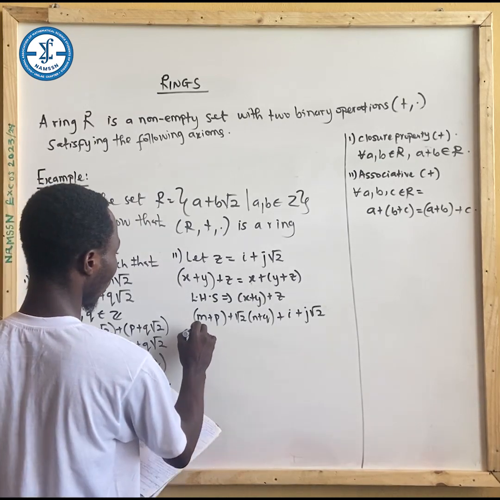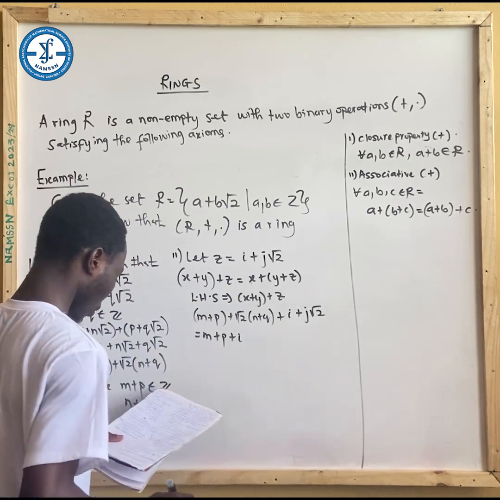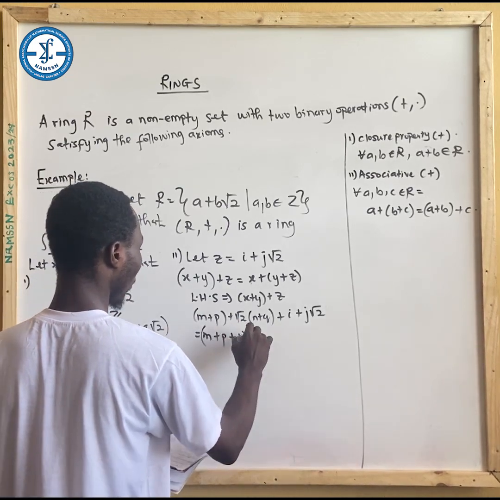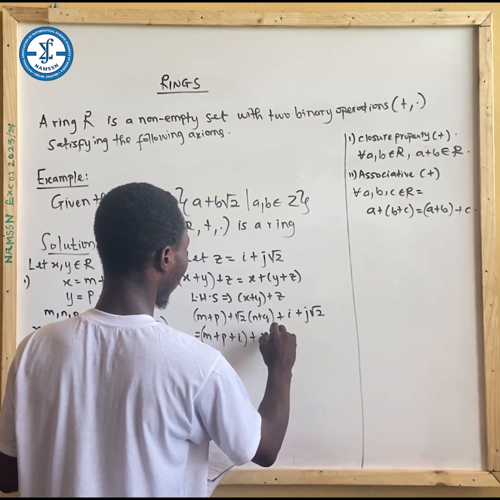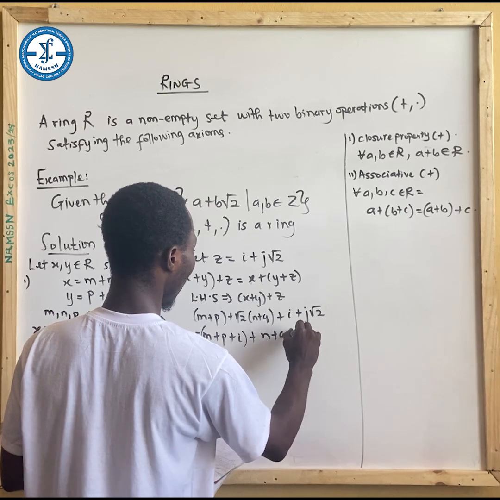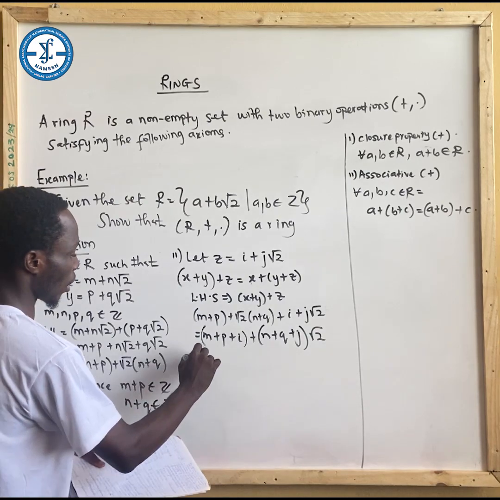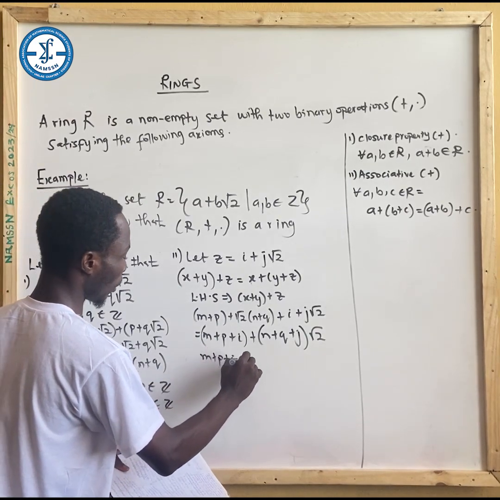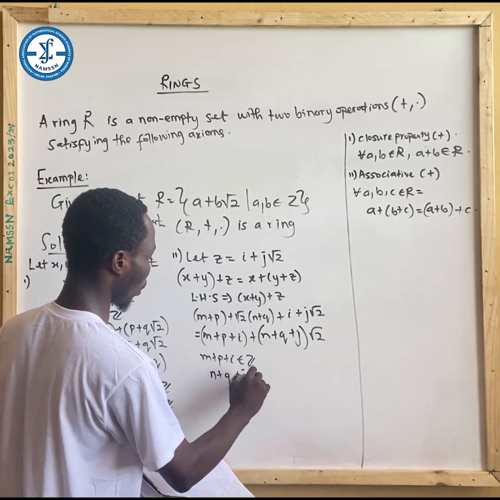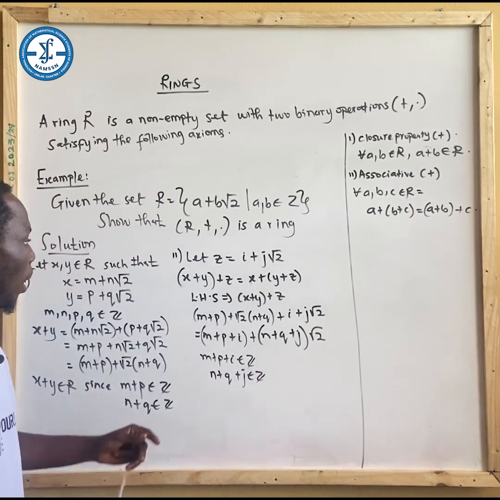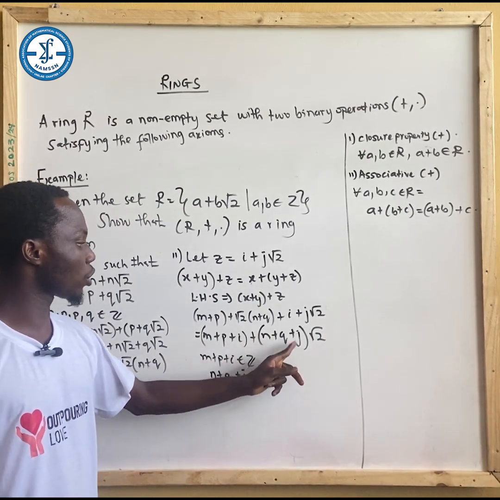So this will equal m plus p plus i plus n plus q plus j root 2, because m plus p plus i will give you an integer. Also, n plus q plus j will give you what? Integer. So my left hand side is m plus p plus i plus n plus q plus j root 2.